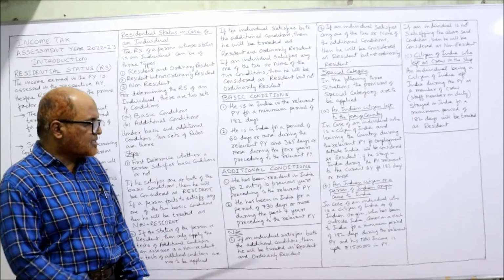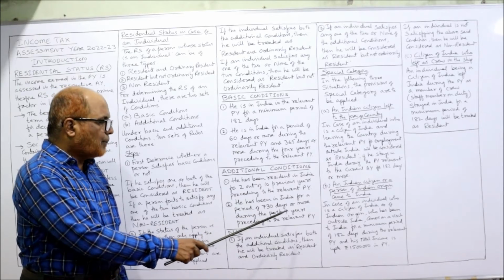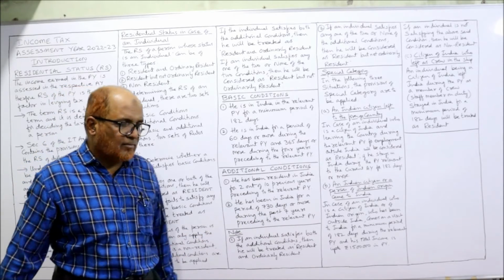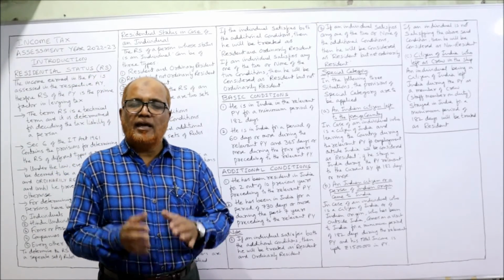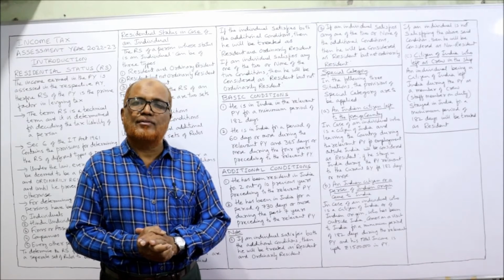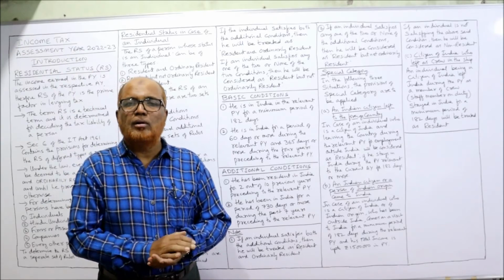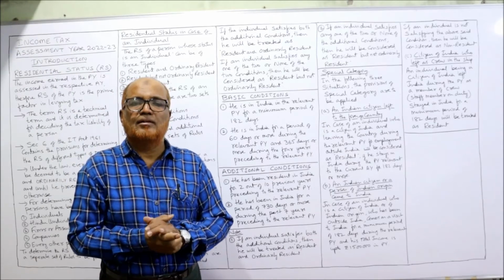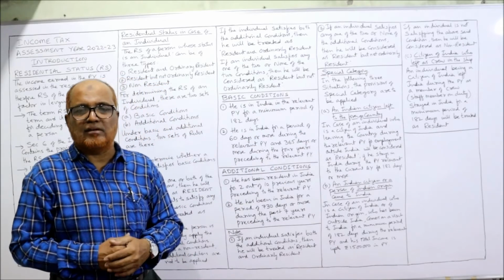The second additional condition says he has been in India for a period of 730 days or more during the past 7 years preceding the relevant previous year. He must stay in India for a minimum period of 730 days or more during 7 years preceding the current previous year.